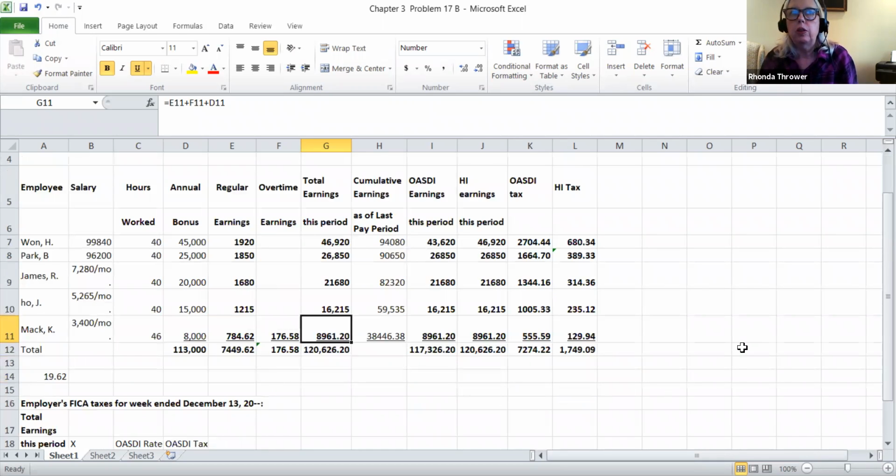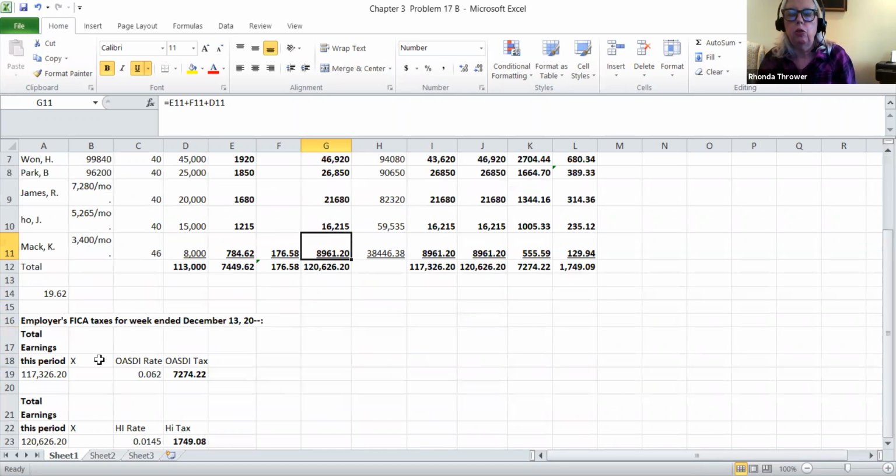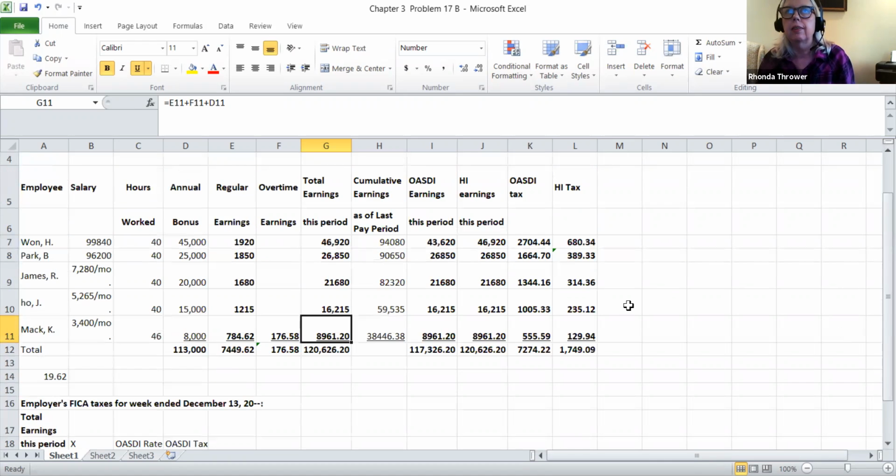In the next part of this, they ask you to determine the employer's share of the FICA taxes for the week ended December 13th, 2021. So what we have to do is pick up the total earnings that will be subject to OASDI taxes.